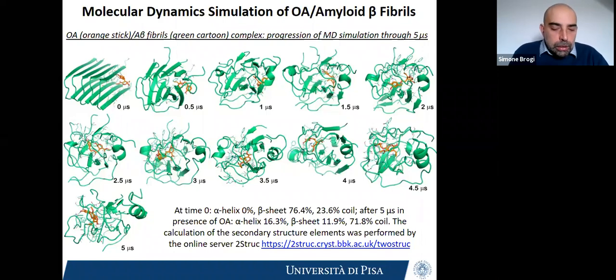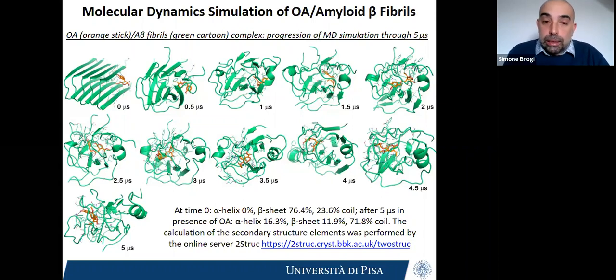And notably, this action, in addition to causing a complete disruption of the ordered structure of amyloid beta fibrils, can reduce the possibility of forming toxic oligomers. And moreover, very interesting, we also observe the formation of an alpha helix motif that seems to be induced by the presence of oleuropein aglycone, and a reduction of beta sheet content as calculated by this tool.